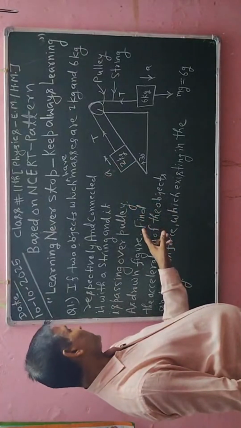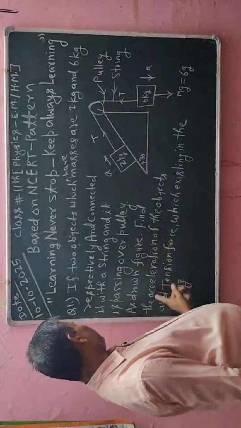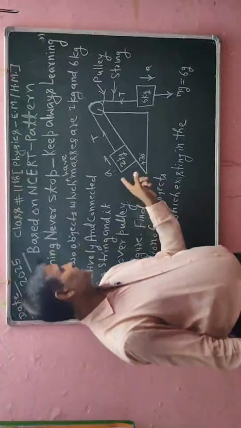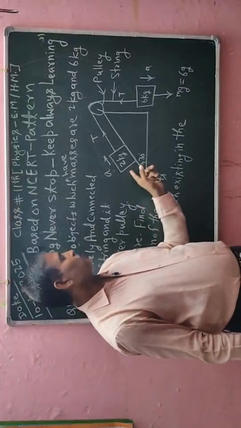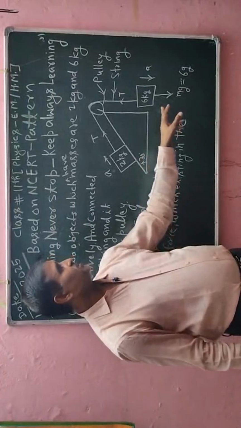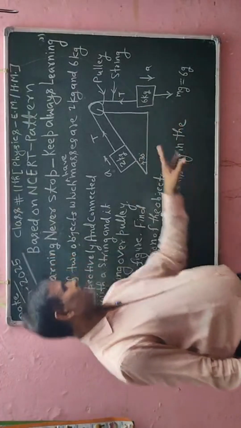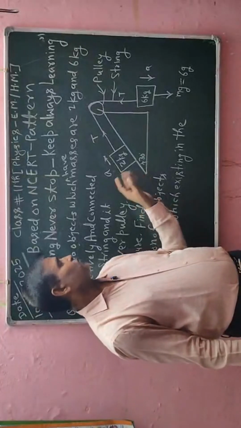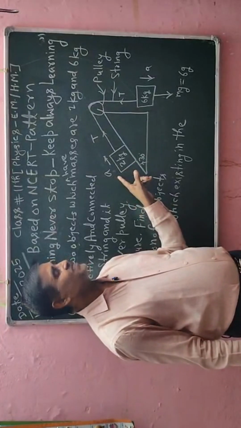Now find the acceleration of the objects. There are two objects, one whose mass is 2 kg and the other whose mass is 6 kg. Both objects have the same acceleration, that is a.